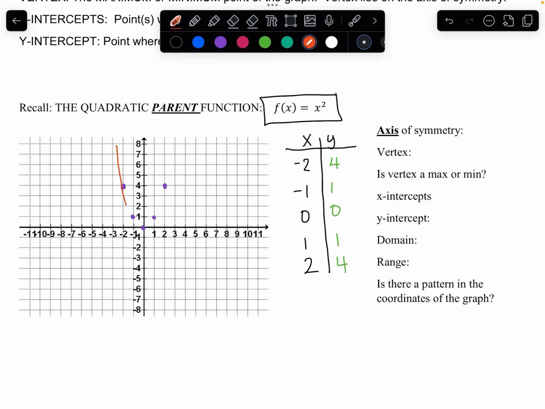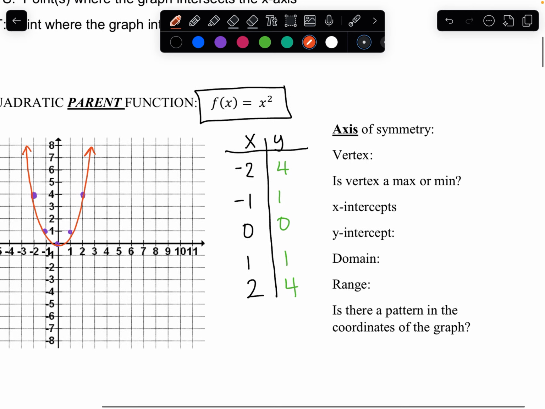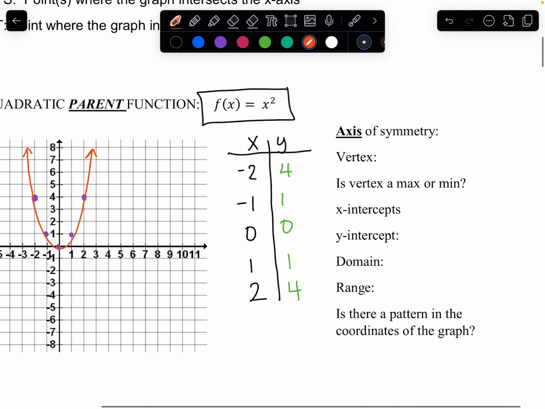Again, be careful when we connect them, we want to make sure our graph is curved. It's not an absolute value V-shaped graph. So there's our function. Now we're going to write our axis of symmetry and our vertex. Personally, I like to write my vertex first. It is either your minimum or your maximum.